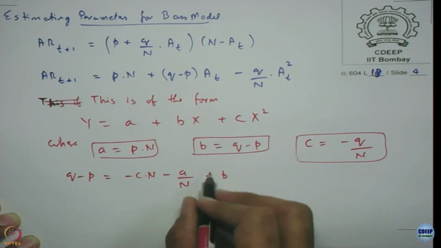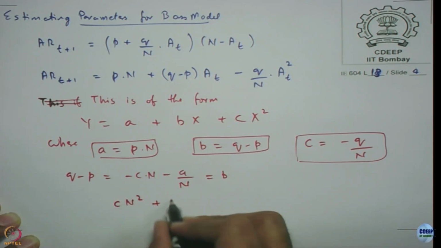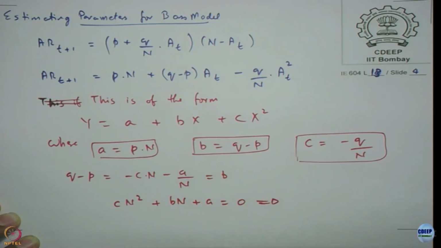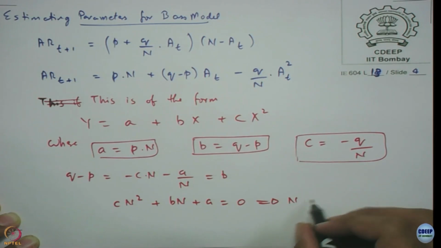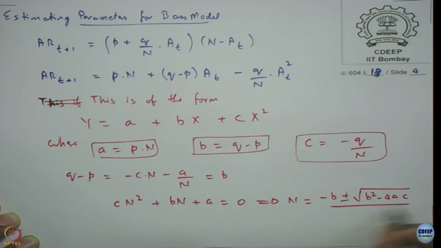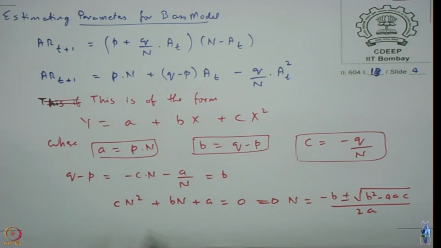If you solve it, you can get C into N squared plus B N plus A equal to 0, which implies that N is nothing but the roots of this, equal to minus B plus or minus root of the discriminant. So, total population is nothing but the root of this equation, and once you have N, you can use it to compute your Q and P.